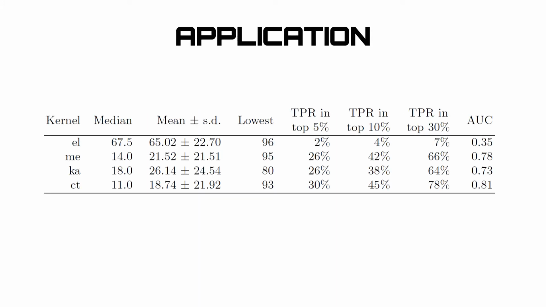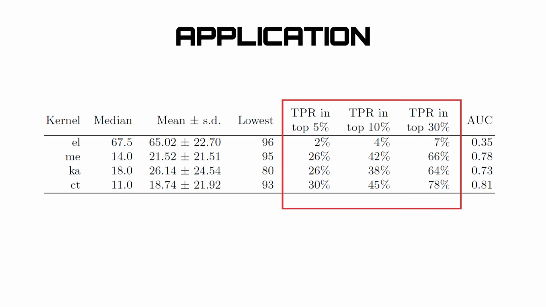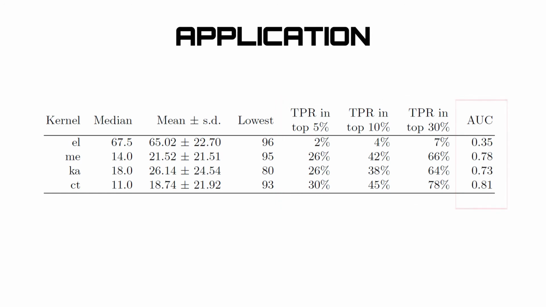After that, seeds are used to generate ranked lists and the following accuracy results. You can observe the following metrics: median and mean, which correspond to the position of the 42 elements in the ranked lists; lowest, which is the worst position obtained, at percentiles of the ranked list; true positive rate at different thresholds, which corresponds to the percentage of target genes found at the specified percentile; and finally the area under the ROC curve, calculated as Zampieri specifies.